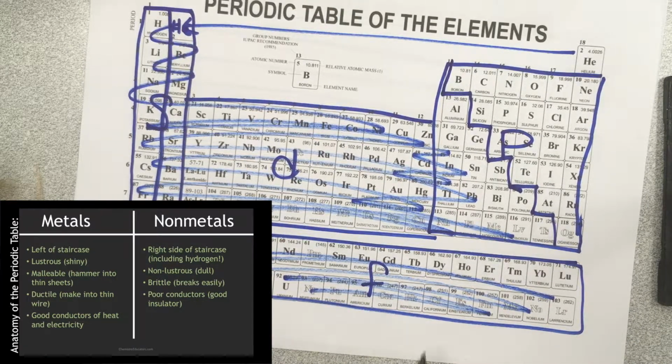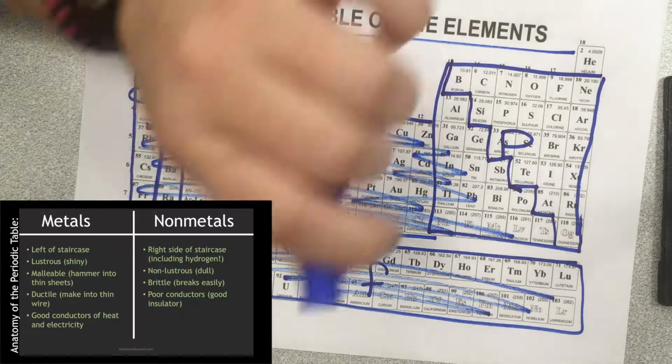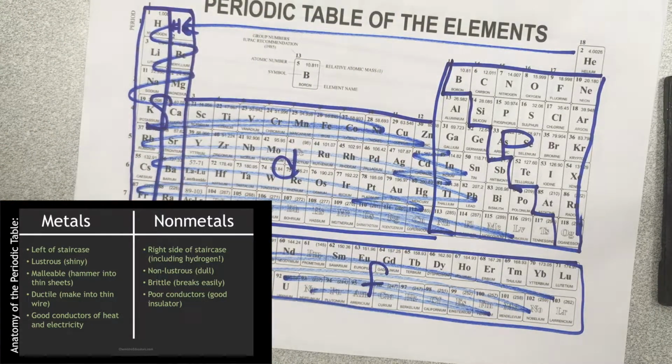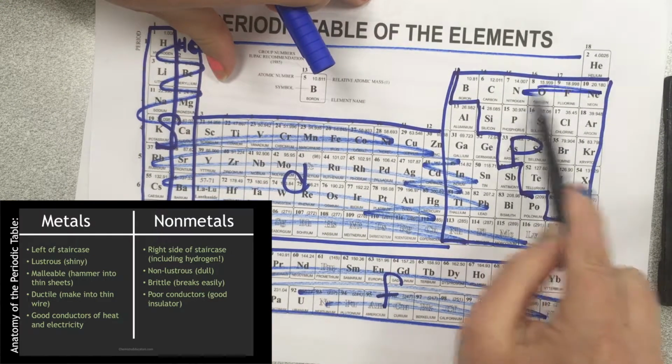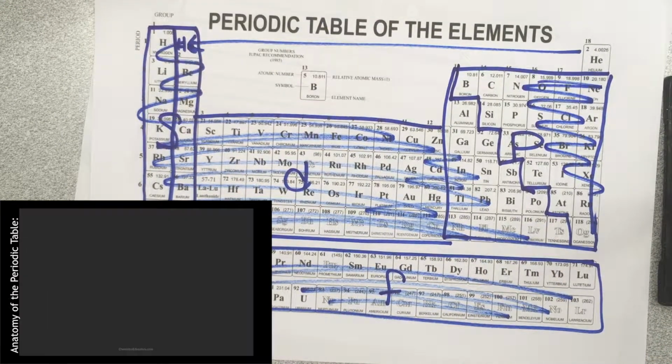And then the nonmetals, they're dull, they're brittle, they're poor conductors. So they do not conduct electricity. And again, we don't really dwell on that in chemistry, but you will in physics. And nonmetals are considered to be located on the right side of the periodic table. All of those are nonmetals.